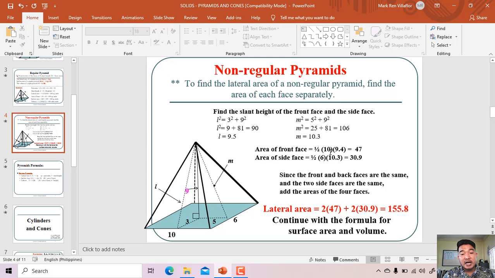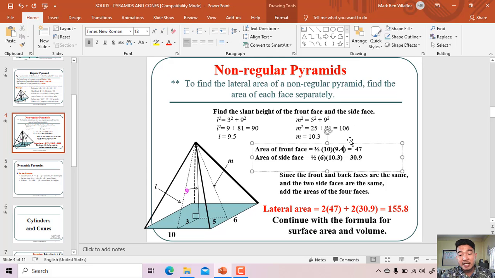So that is 1/2 times 10, the base, times 9.5. We multiply 9.5 by 10, which is equal to 95. Divide it by 2, so you will have 47.5. So this is equal to 47.5.